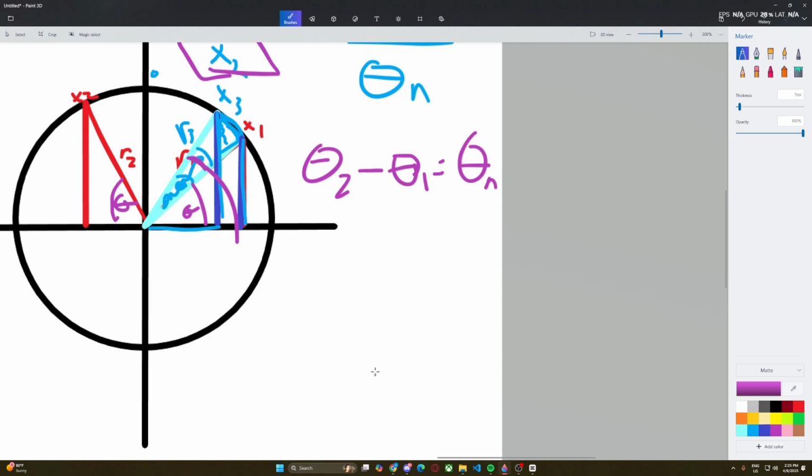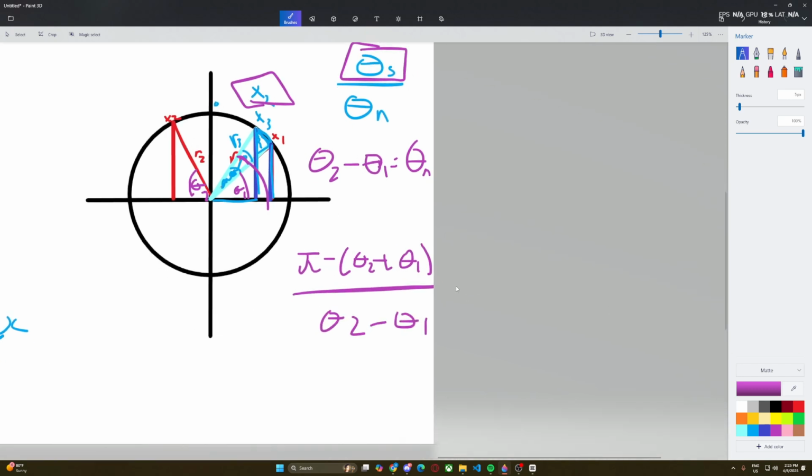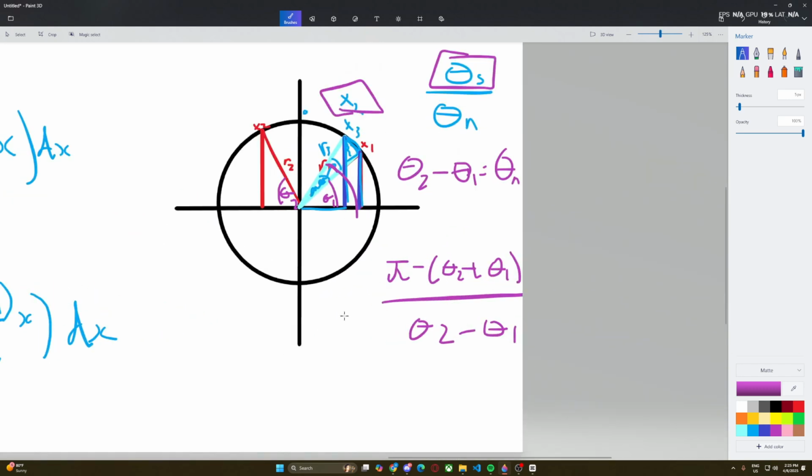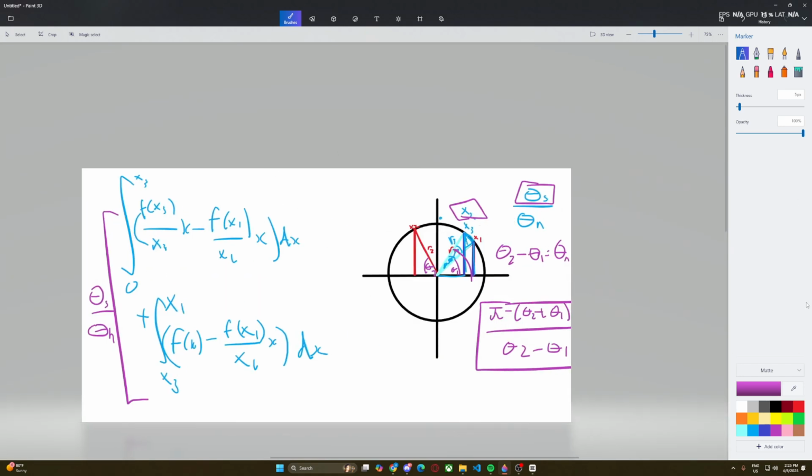If you really think about it, the equation on top was pi minus angle 2 minus angle 1, this was angle 2 plus angle 1, and on the bottom it's angle 2 minus angle 1. It's kind of weird, but what I did on Desmos is I just flipped this part off the other side. Anyways, just use this ratio and multiply it by theta mu, and you get the same result as the previous thing.